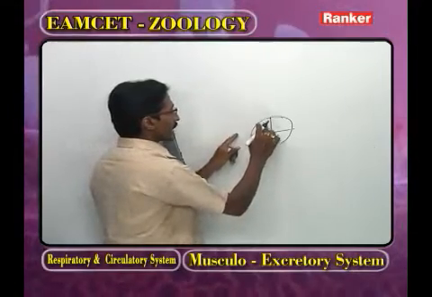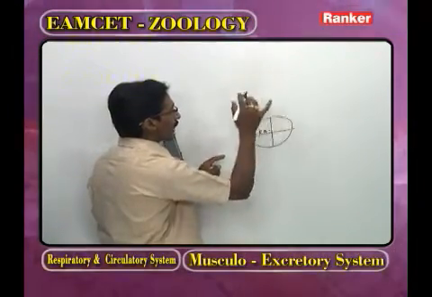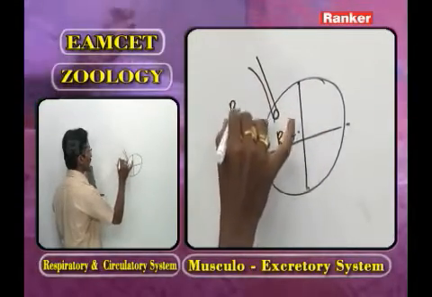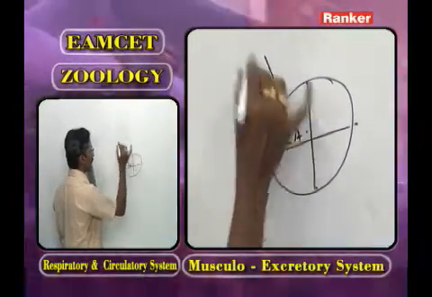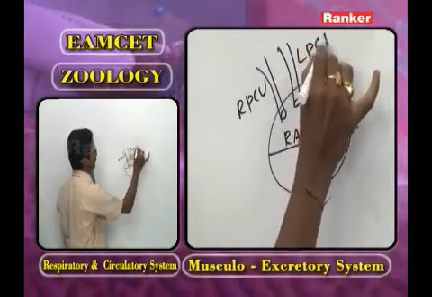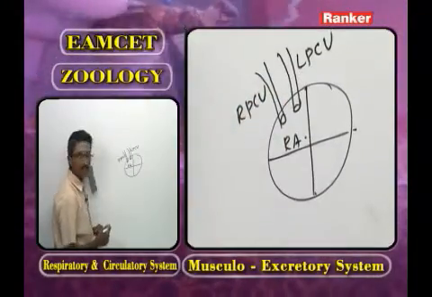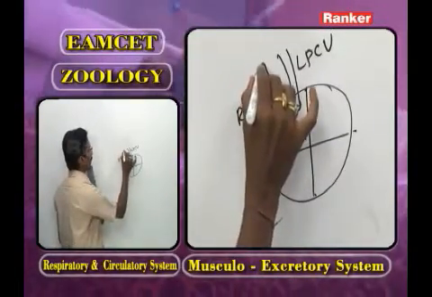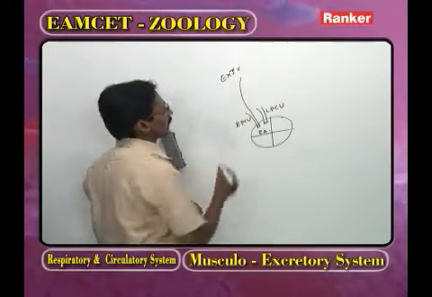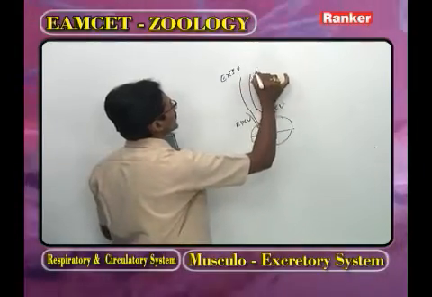The right atrium receives impure blood from all anterior parts of the body with the help of the right precaval vein and left precaval vein. This is the right precaval vein, the left precaval vein. In the right precaval vein, what is present? The external jugular vein.